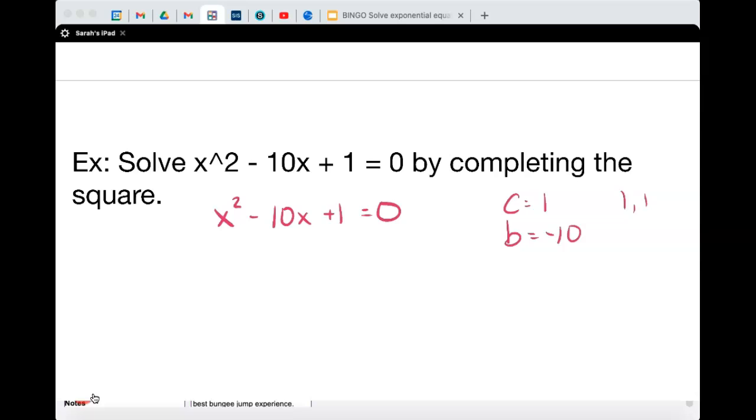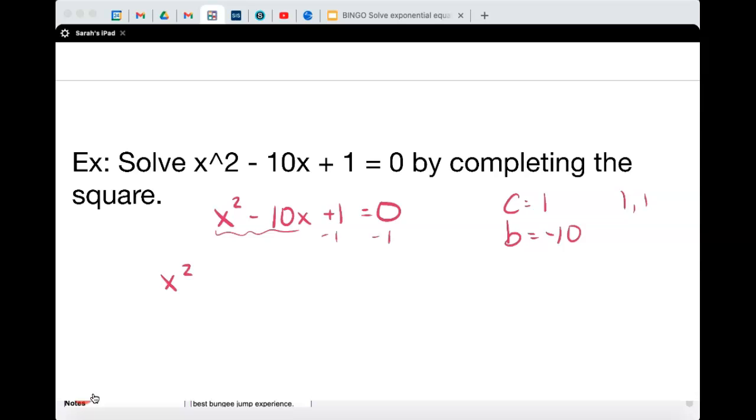So to start, step number 1 for completing the square is getting everything with an x on the left side and everything else on the right side. These parts are the x terms that are going to stay on the left. That means the negative 1 has to shift over to the right side. How do I move it? Subtract it.